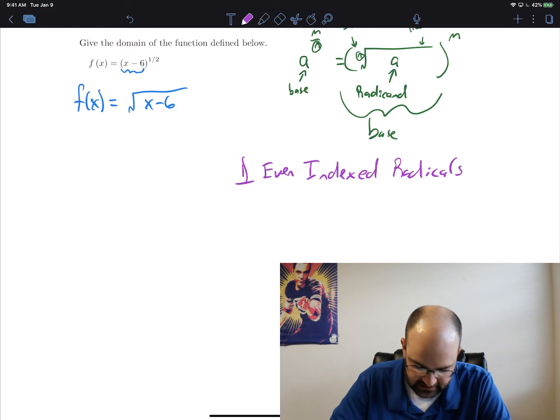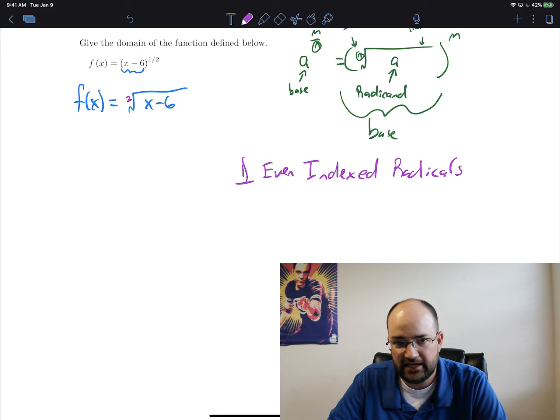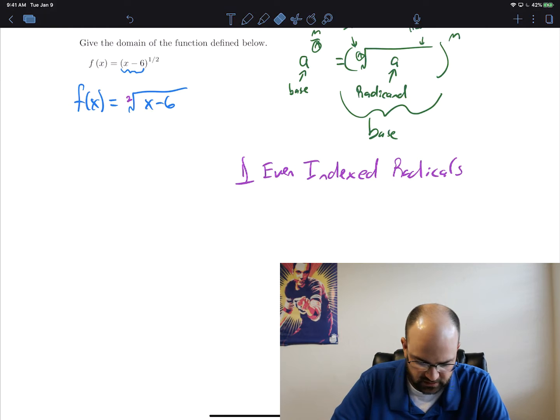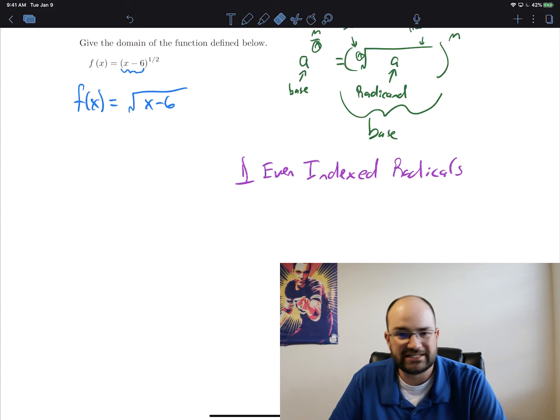As long as you have an understood 2 there, or 4, 6, 8, and so on. Now the 4, 6, and 8 wouldn't be understood. It would actually be written. But if it's not even written, it's an understood 2. As long as the index is an even integer, then you are going to limit your domain.